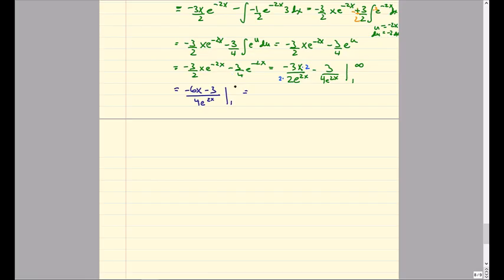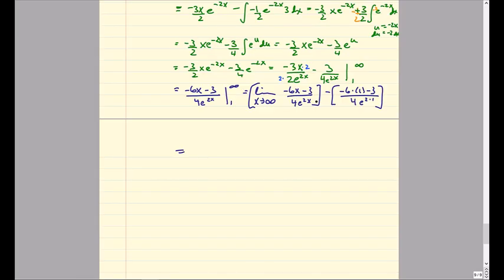So as I think about this limit as x approaches infinity of this expression, minus 6x minus 3 over 4e to the 2x, that's my upper, minus my lower, minus 6 times 1 minus 3 all over 4e to the 2 times 1. So this piece right here is going toward infinity.